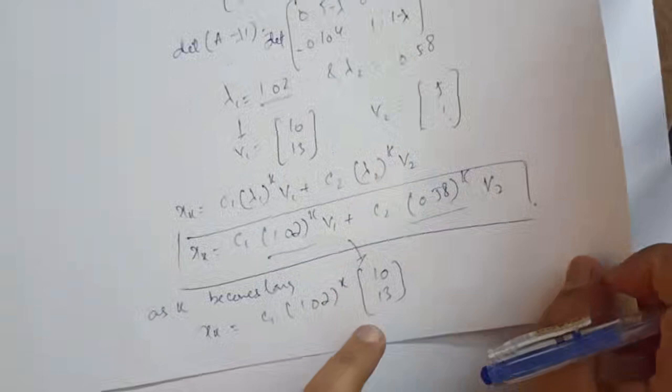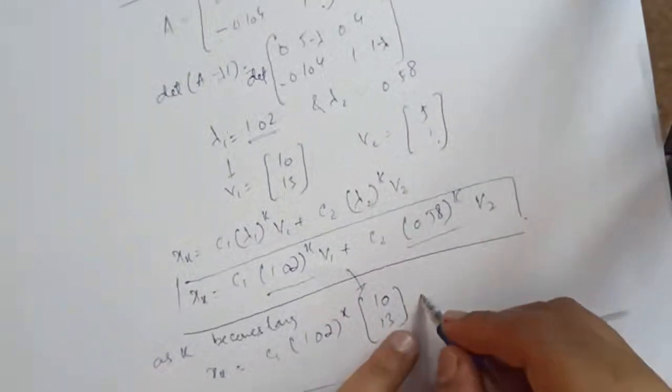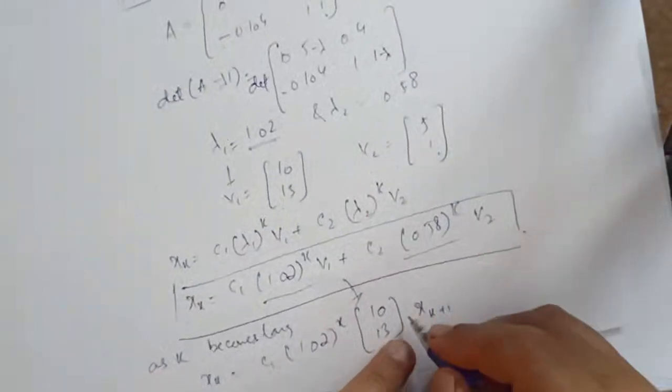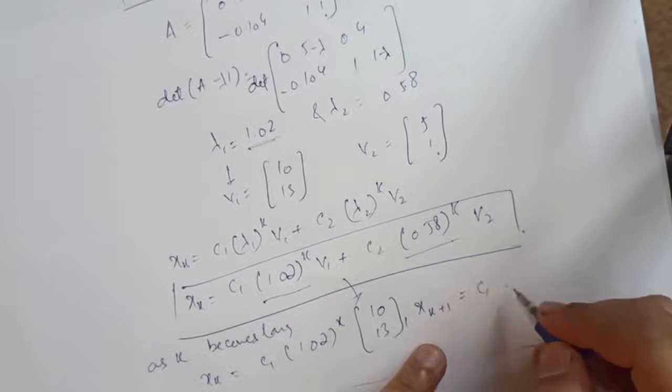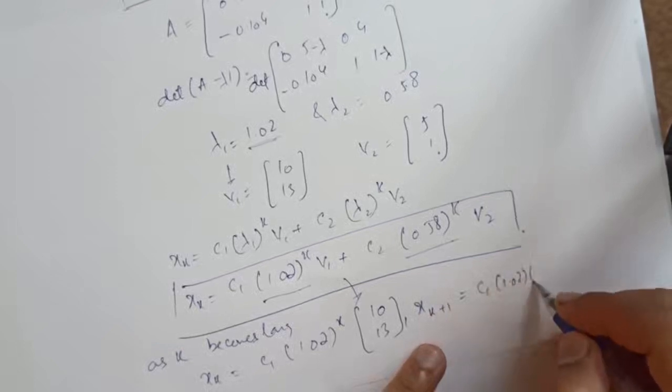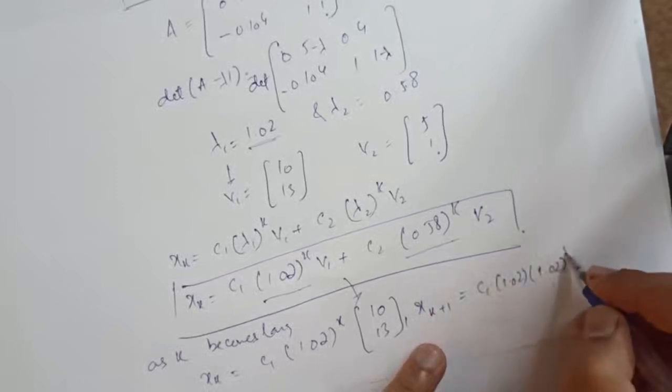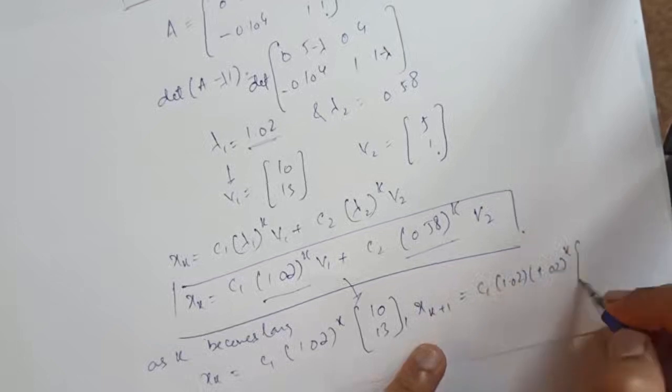So you can think of the problem this way as well: x of k plus 1 is c1 times 1.02 times 1.02 to the power k times (10, 13).